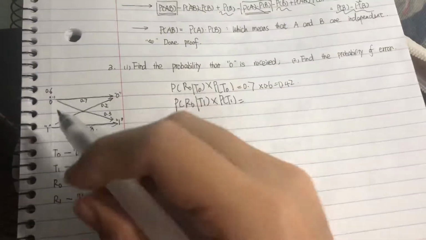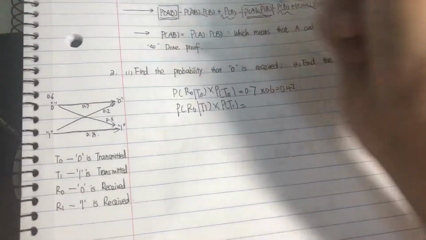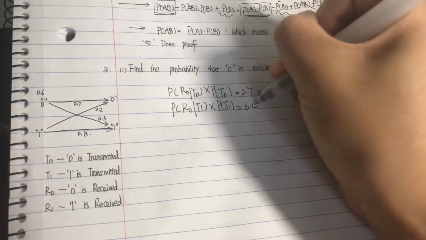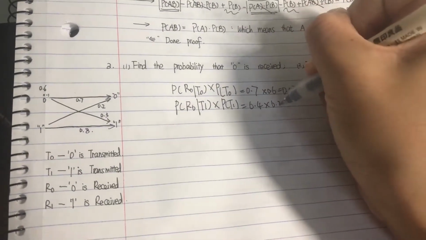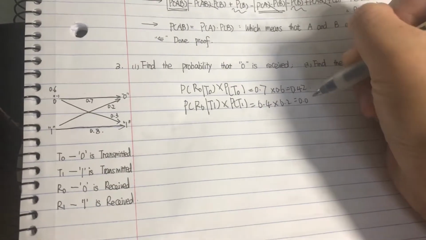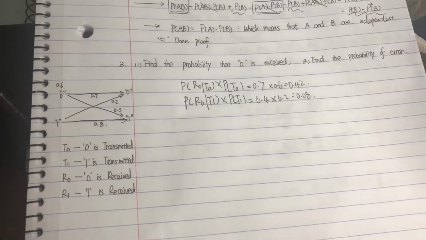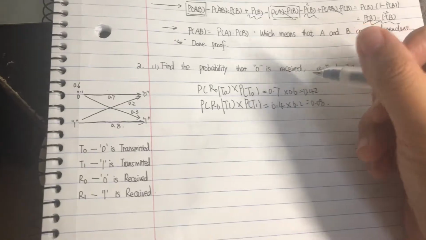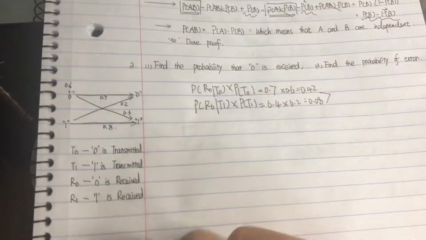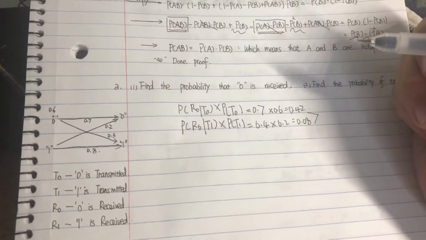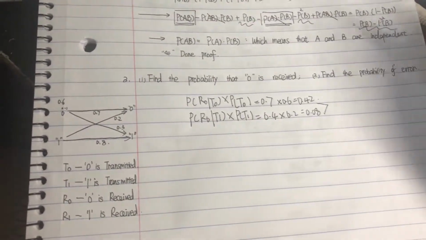So we could get 0.4 multiplied by 0.2, and we could get 8%. And these two cases' sum is the probability that 0 is received.